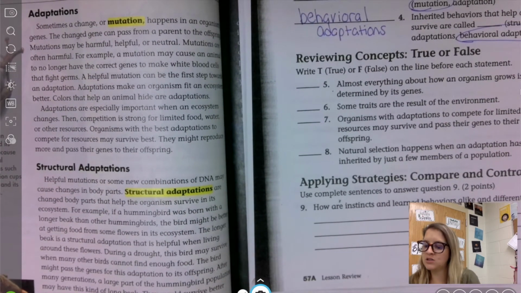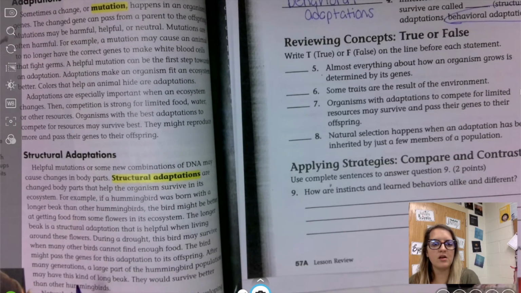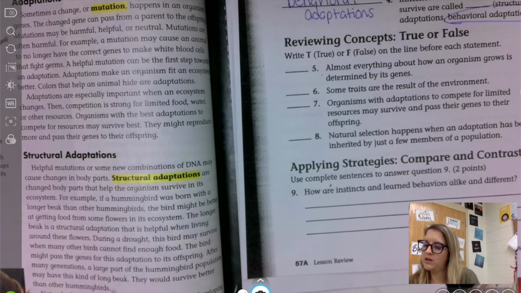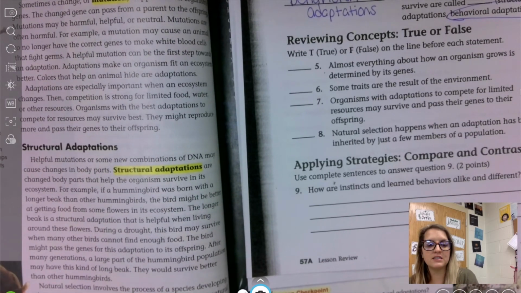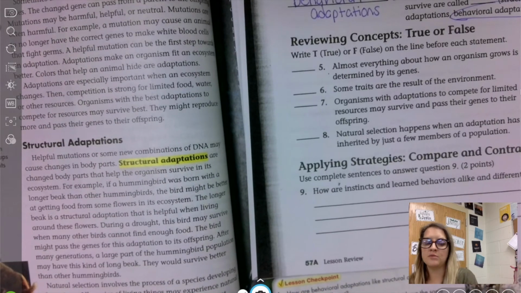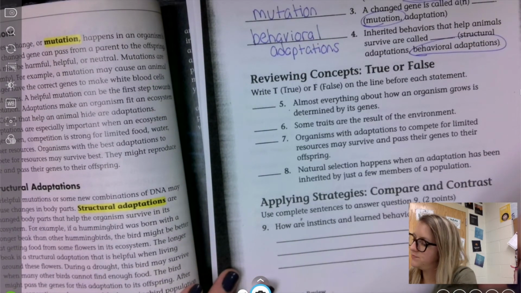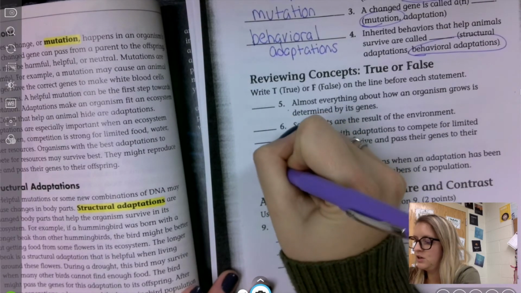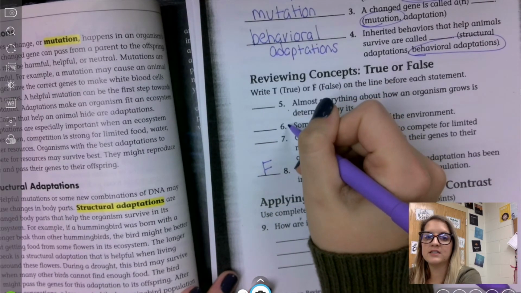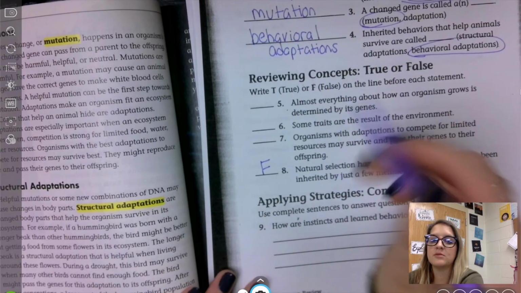And that one is going to be false because it says, we are right here, all species of living things may experience natural selection. So I know that that is actually going to be false. You are on your own for 5, 6, and 7. Look through your notes to make sure that that is absolutely correct.